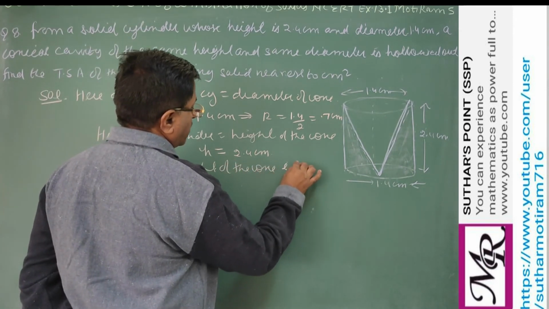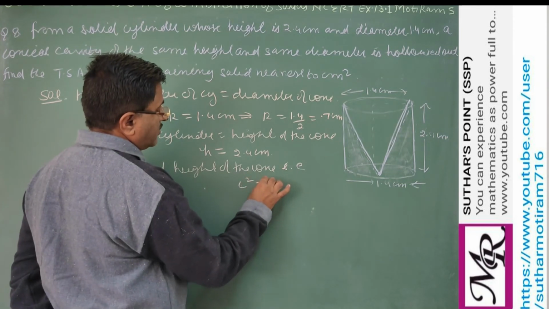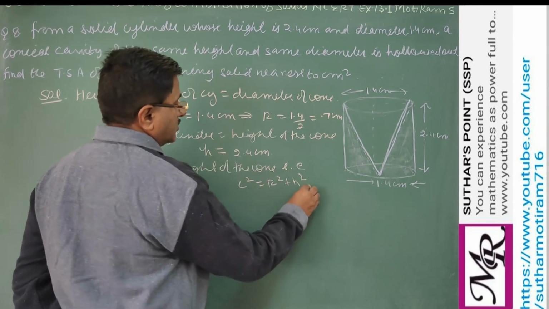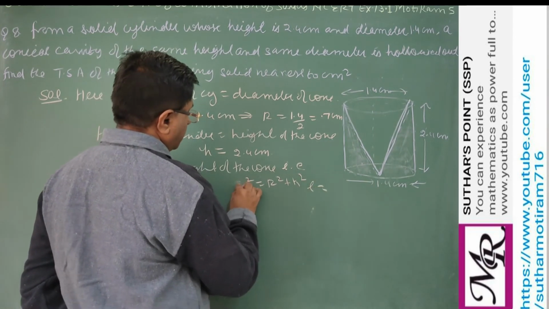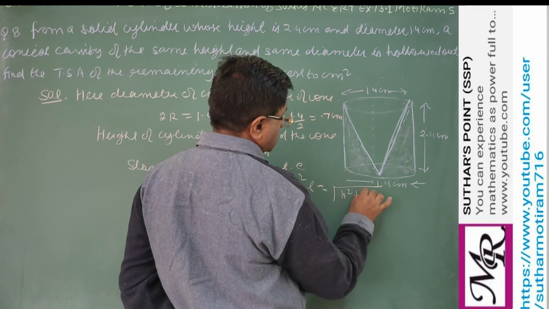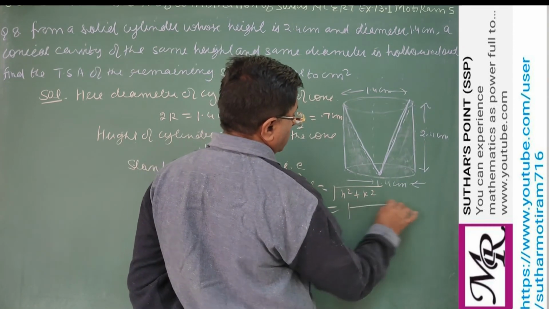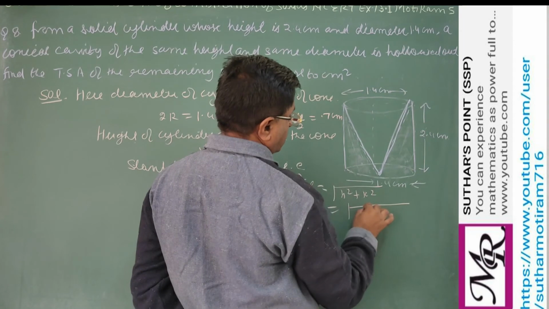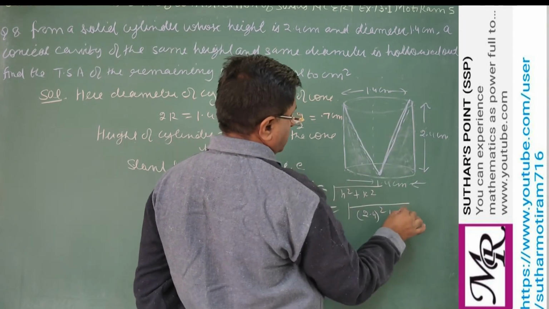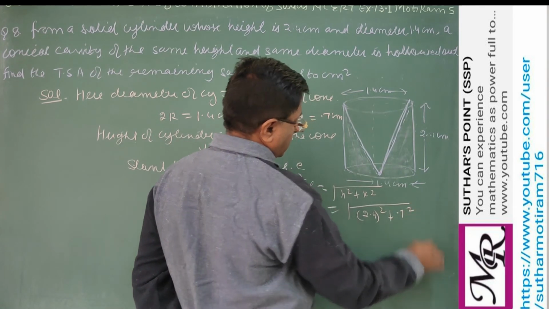That is the formula we know: l square equal to r square plus h square. So l is root of h square plus r square. Put the values: h is 2.4, r is 0.7.